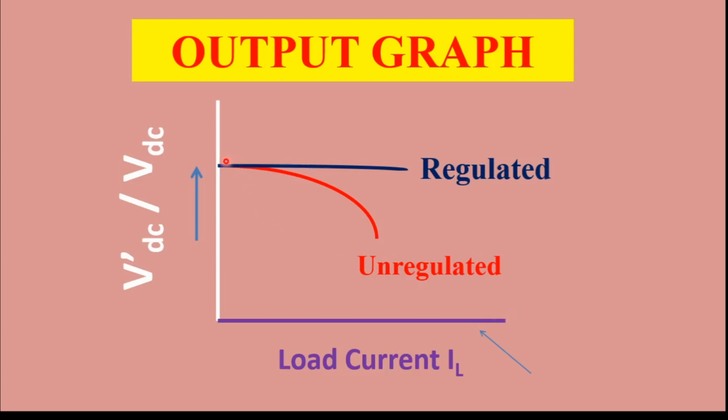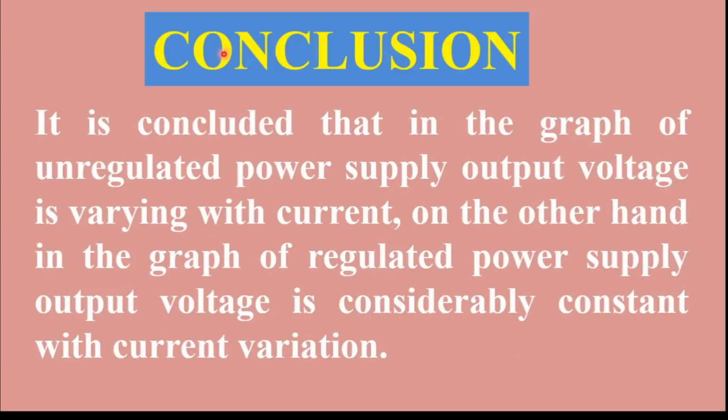From the graph we can see that for regulated power supply the voltage remains constant, but for unregulated power supply the voltage does not remain constant. It is concluded that for the unregulated power supply the output voltage varies with current, while on the other hand, for the regulated power supply the output voltage is considerably constant with current variation.